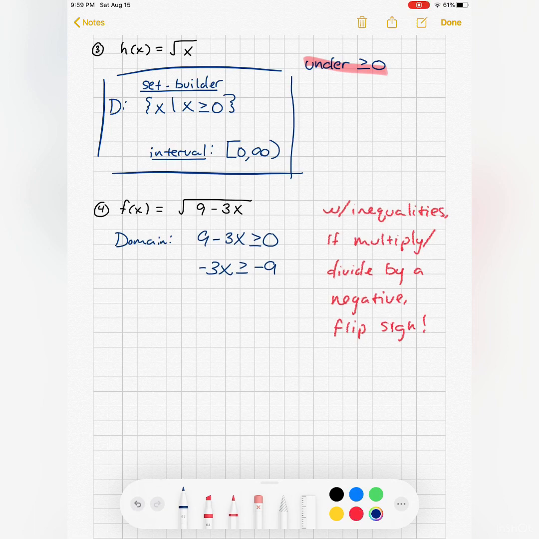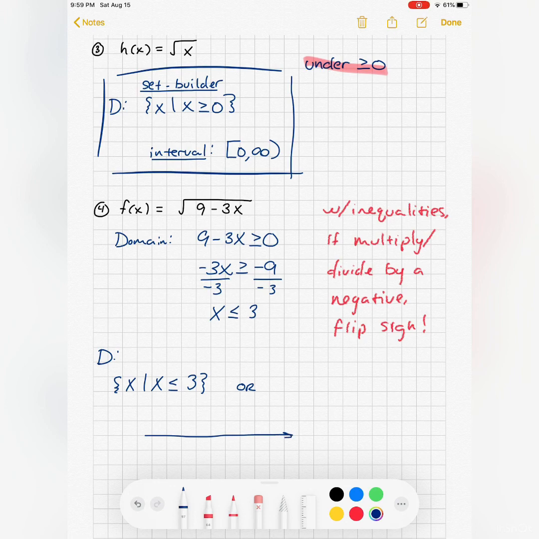So be careful, because in the next step, when I divide by this negative 3, I'm actually flipping the inequality. So the domain is going to be all the x's where x is less than or equal to 3.